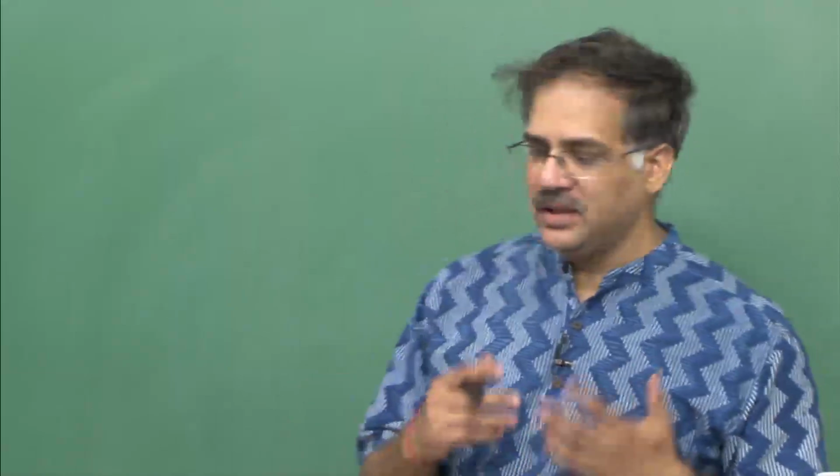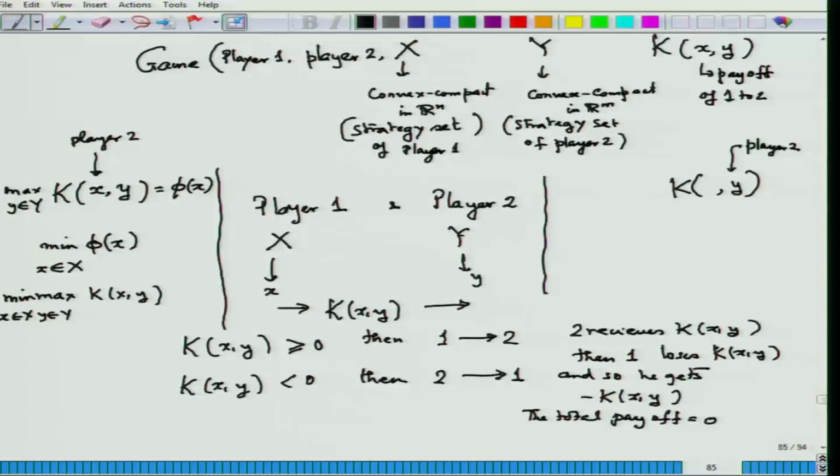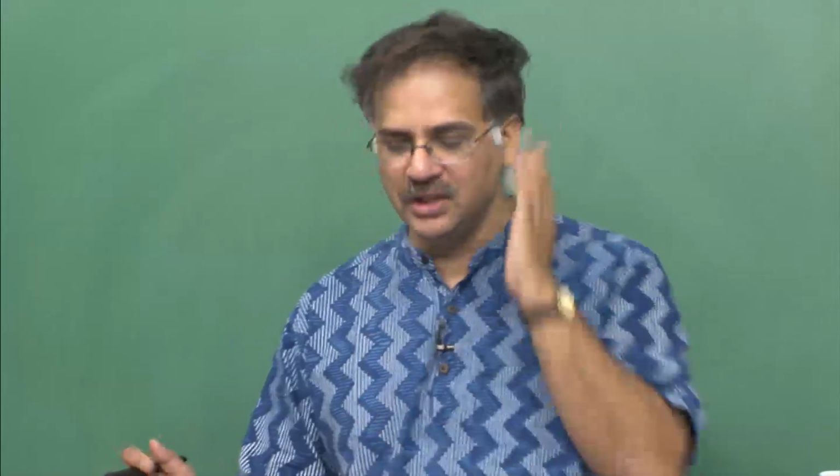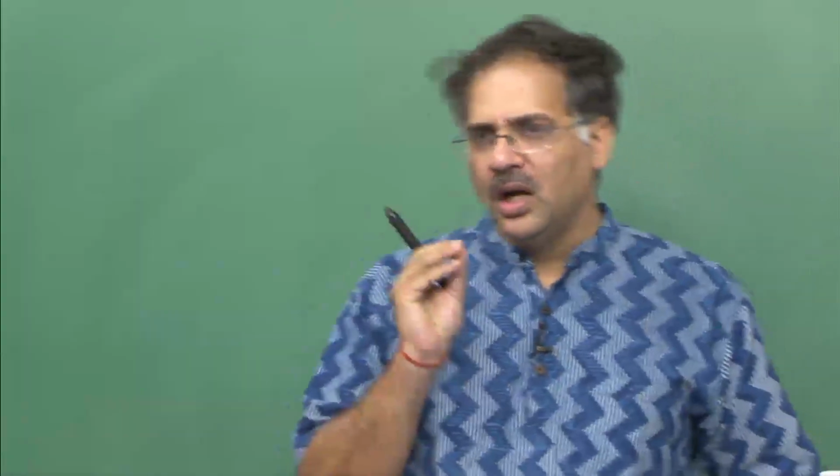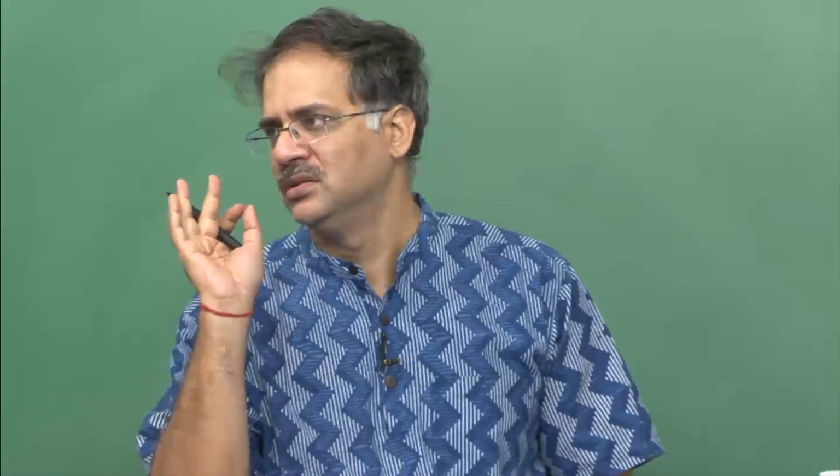Now, once he has this at his disposal, the interesting thing that comes out is the following: player 1 has any strategy he likes, but given his strategies, he might choose an x naught for my given y, so that over all possible k x y values for this fixed y, that would give me the minimum value that I can get by playing this strategy. So, he wants to know what is the minimum amount he can make, that is his goal.